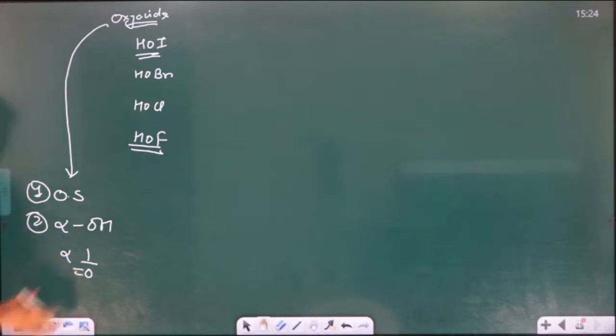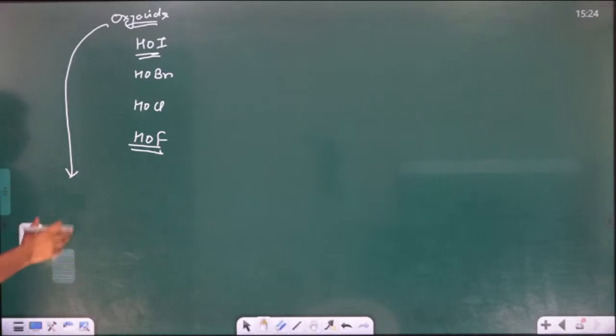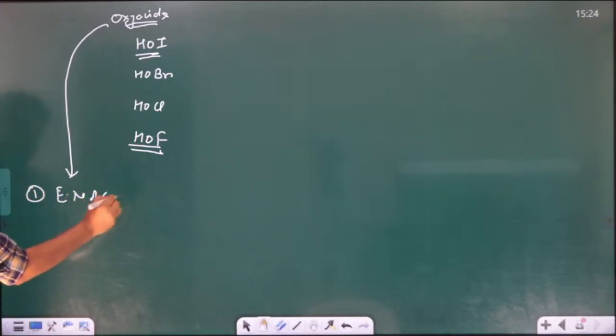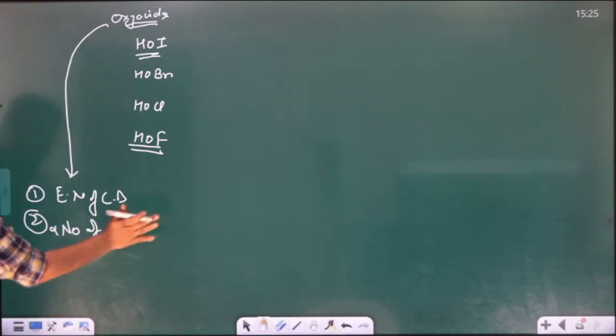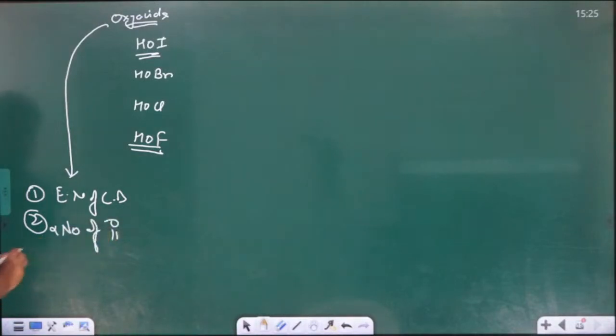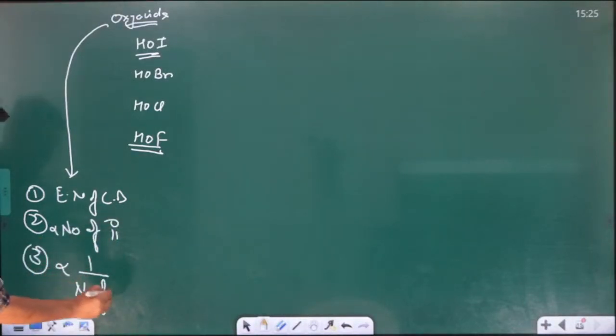So what we are going to say is, I think I wrote it a little bit. The first factor is electronegativity of the center atom. The second factor is that it is directly proportional to the number of double bonded oxygen. That is what I wrote over there. And the third factor is that it is inversely proportional to the number of OH.